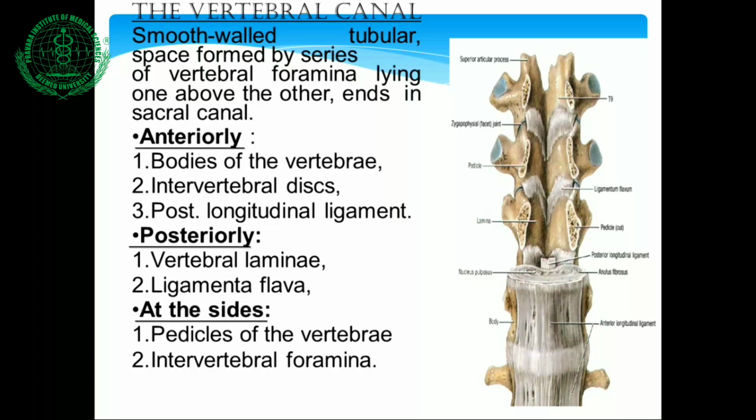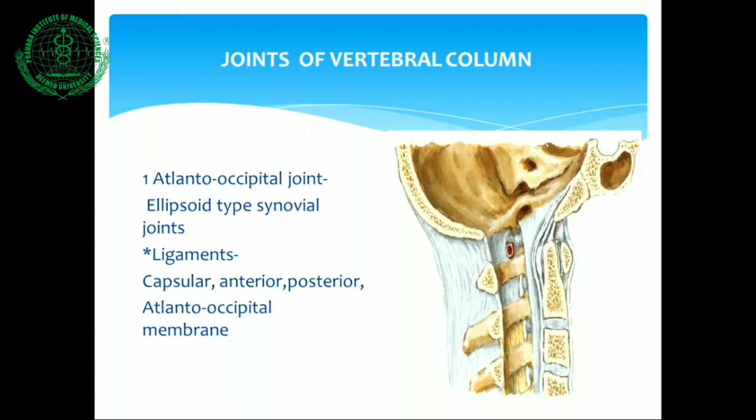Now after this, the different joints which are present in vertebral column. From above to below, the different joints which are present in vertebral column are atlanto-occipital joint, atlanto-axial joints, and intervertebral joints.